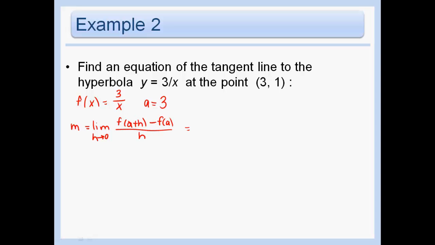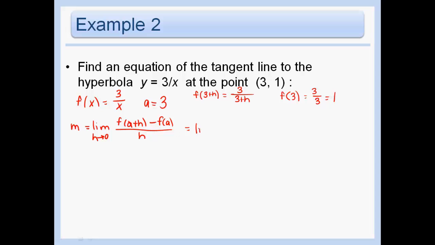I'm just going to do my a plus h on the side so I don't have to write so much out. f of a plus h would be f of 3 plus h, and that is going to be 3 over, instead of x, I have 3 plus h. And our f of a, which we're going to have to evaluate here, is just f of 3, which is just 3 over 3, which is 1.